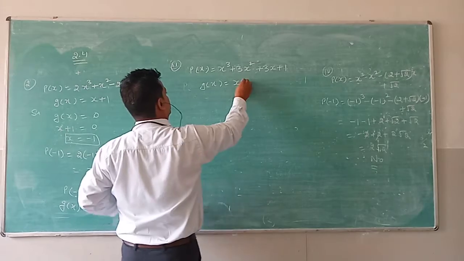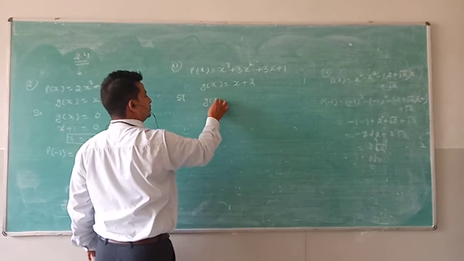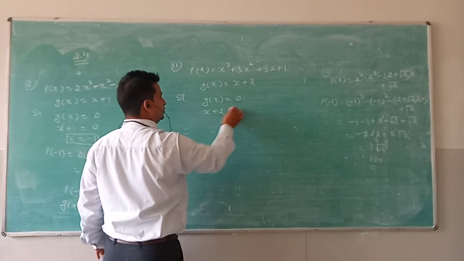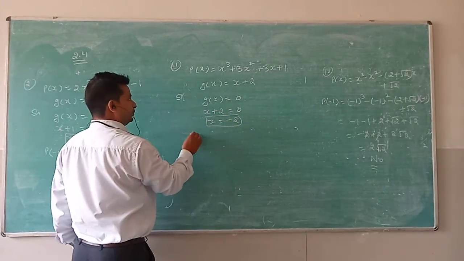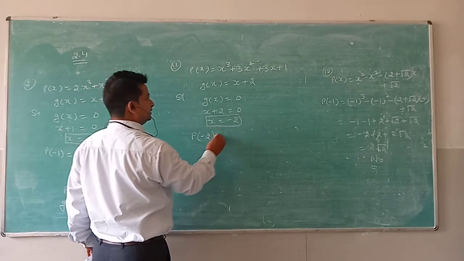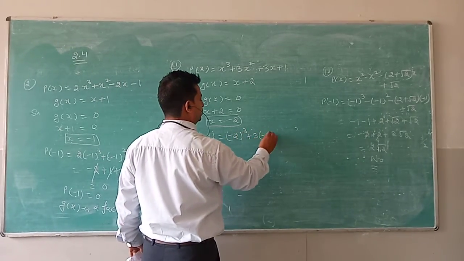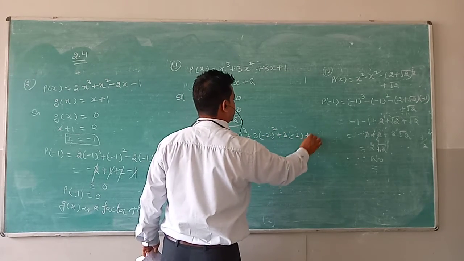In the second part, p(x) is x cube plus 3x square plus 3x plus 1 and g(x) is x plus 2. First we put g(x) equals to 0, that's x plus 2 equals to 0, then x is equal to minus 2. When we put this value in p(x), that is minus 2 whole cube, 3 into minus 2 whole square, 3 into minus 2 plus 1.